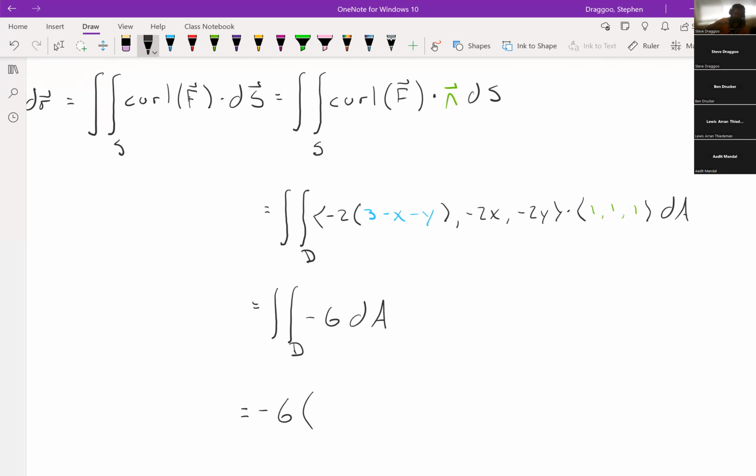And I think we saw back at the beginning, (3, 0, 0), (0, 3, 0), (0, 0, 3), project that down in the XY plane, and we've still got a triangle where our base and our height are both 3. Cool. So clean that up. 1/2 times 6 is 3. 3 times 3 times 3 is 27. So negative 27.